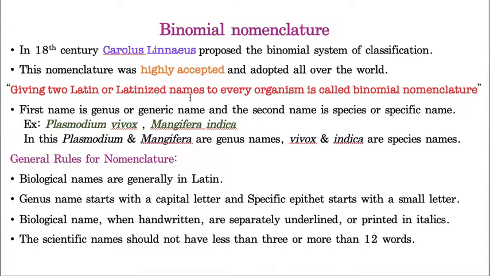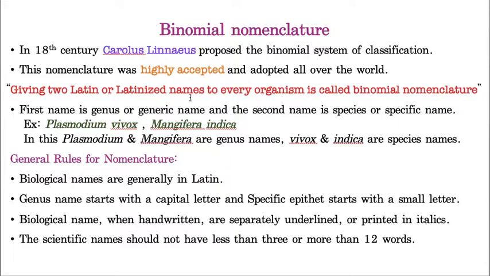According to the rules framed under binomial nomenclature, by strictly following those rules only, we should give the name to any living organism. The first and very important rule is that any scientist, whether he belongs to America, Australia, Europe, or India, whatever organism he identifies, if he identifies any new organism, has to give the name only in the Latin language.